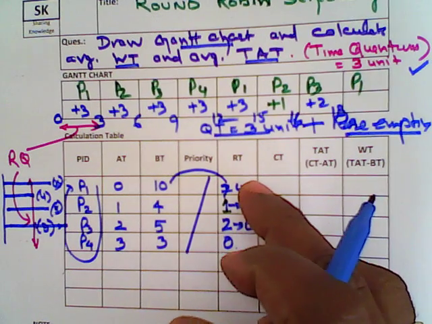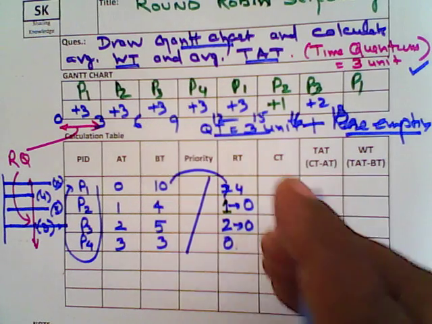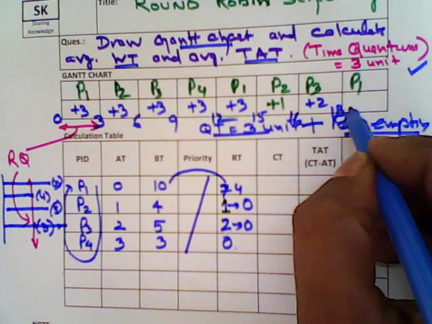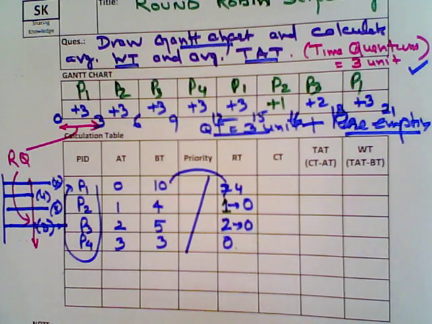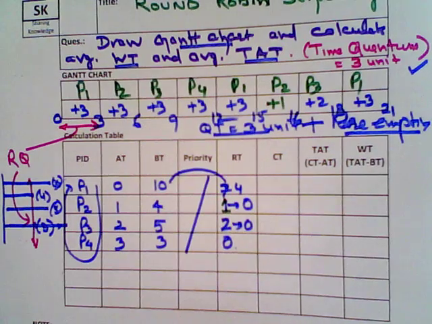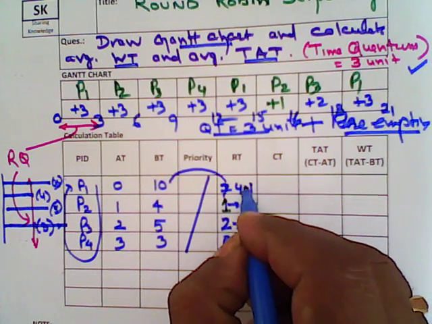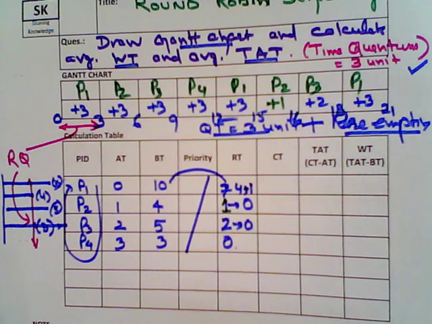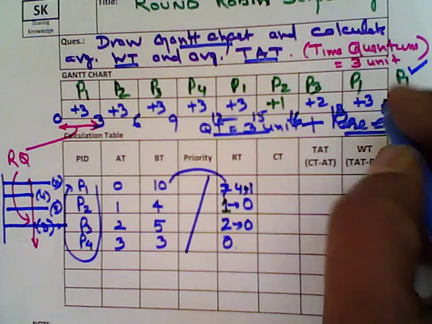So P1 is 18 plus 3 is 21, and after that P1 remains with 4 minus 3, which is 1. So P1 comes again, and here we add plus 1, which gives the value 22.